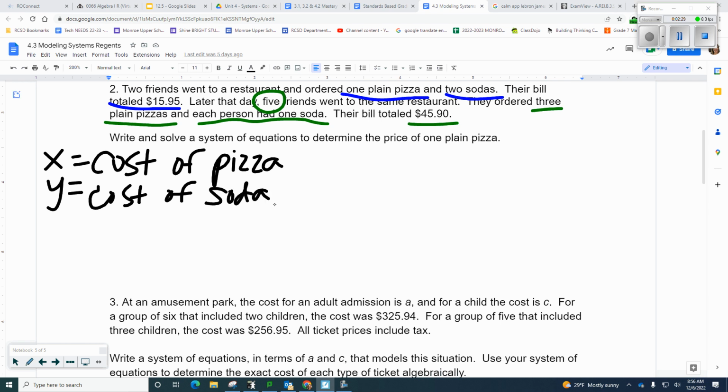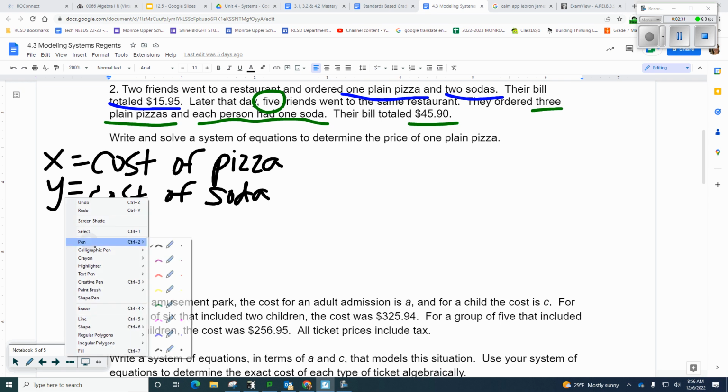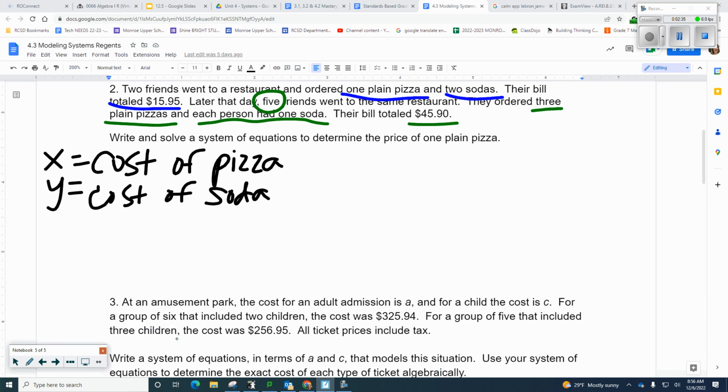Okay, so those are what our 2 variables are going to be, and now we're going to go back to those sentences. So first we said 1 pizza, so that's going to be 1x, or just x, plus 2 sodas is going to be 2y, has to equal $15.95. Okay, so that's the first equation.